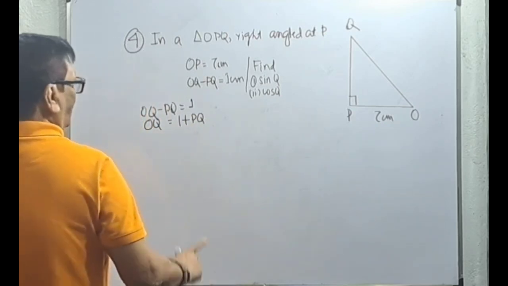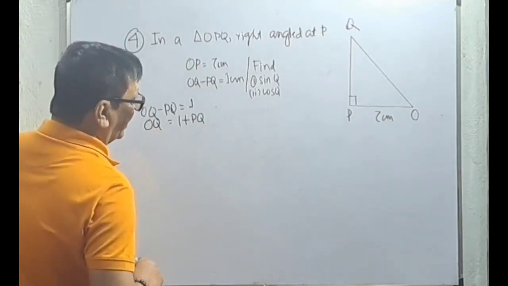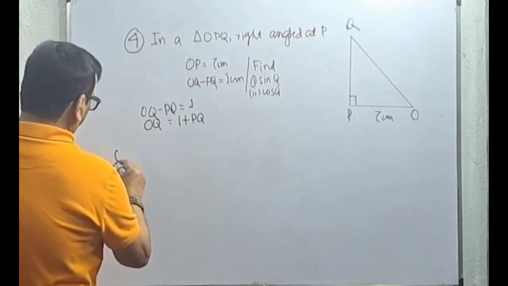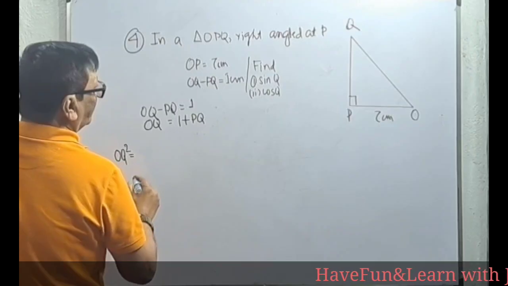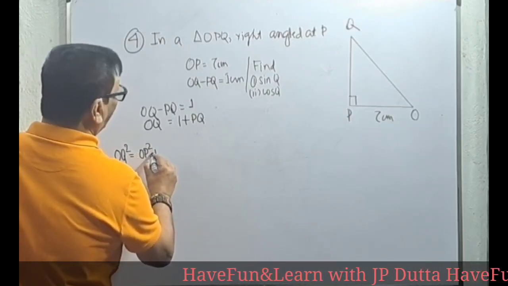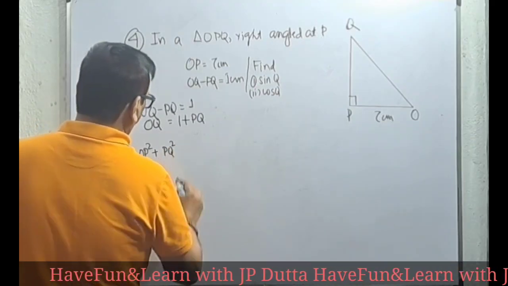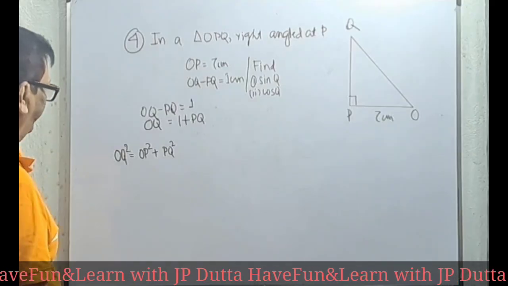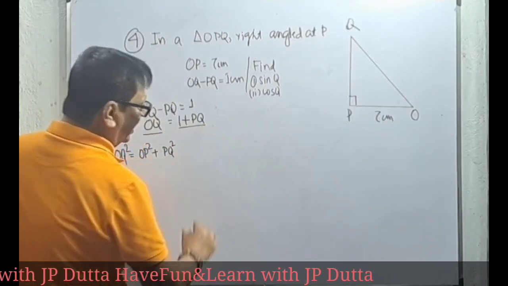Okay. Now in that triangle OPQ, right angle at P, if we apply Pythagoras, we get OQ square is equal to OP square plus PQ square, right? Fine. Now see, OQ is equal to 1 plus PQ.